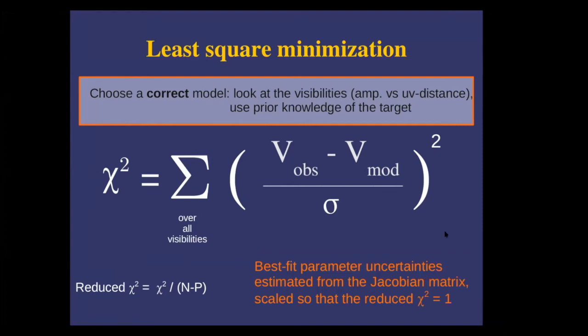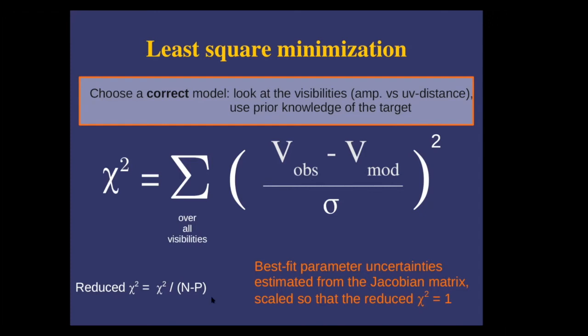So the chi-square minimization is done like this, and UVMultiFit will output the reduced chi-square. The chi-square is the sum over all the visibilities, but UVMultiFit will report the reduced chi-square by dividing this value by the number of visibilities minus the number of free parameters in your fit.